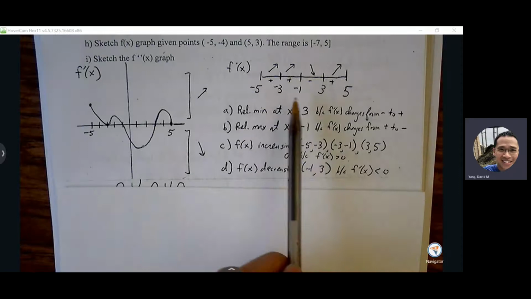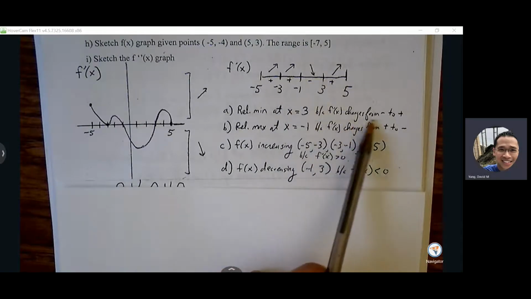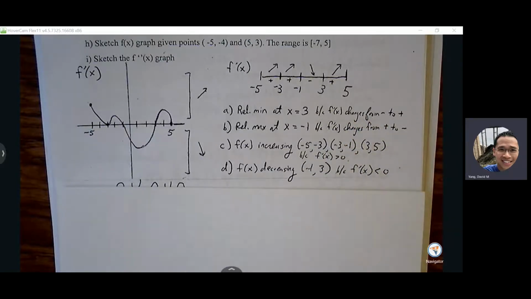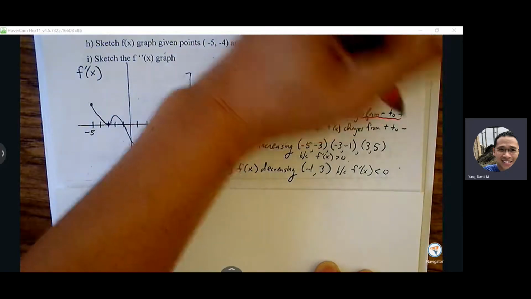Okay, relative min, 3, because f prime changes from negative to positive. Again, I want to highlight this here because a lot of students leave these out.